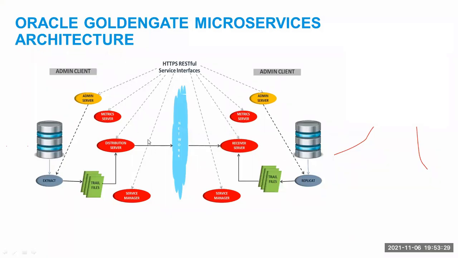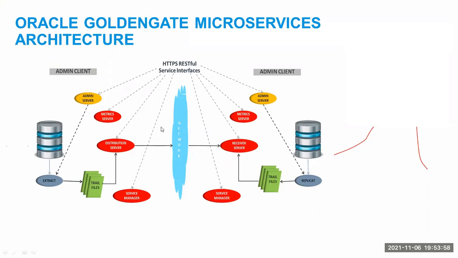Then the classic architecture data pump has been replaced with distribution server in microservices architecture. So in microservices, you no longer have data pump. However, you have distribution server, which distributes the data. Then the classic architecture collector process has been replaced with receiver server in microservices architecture.